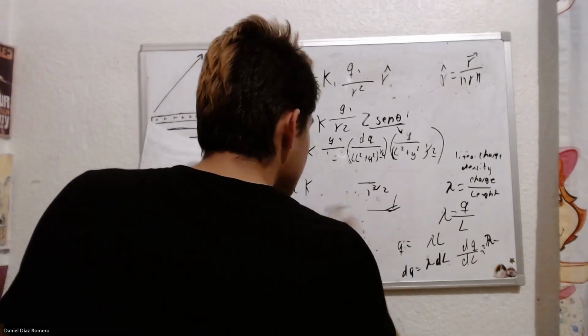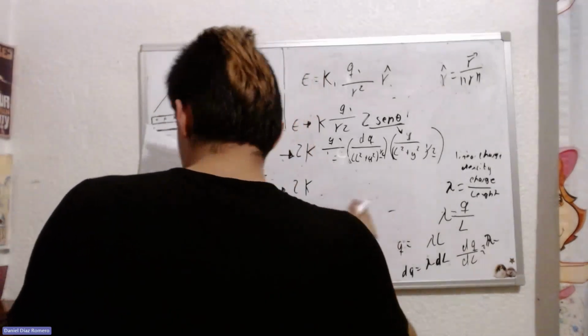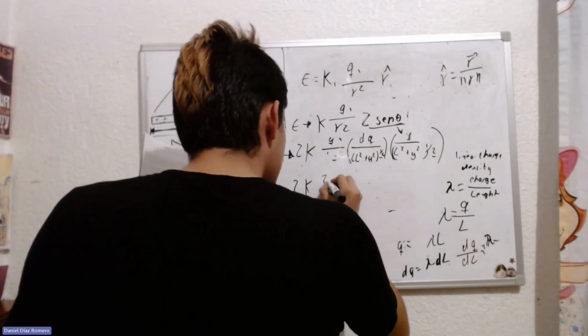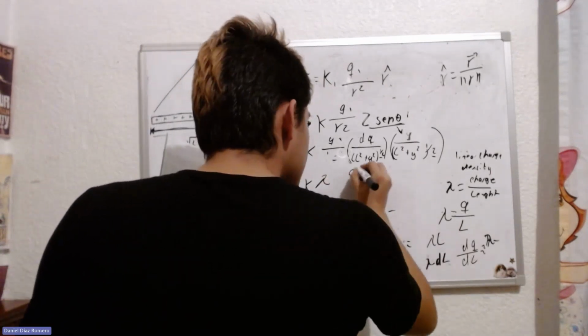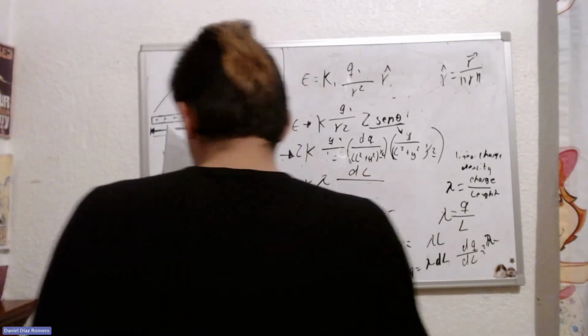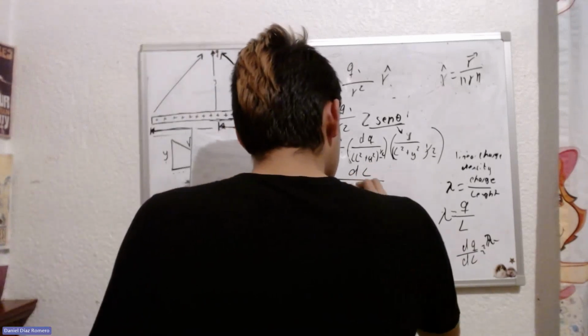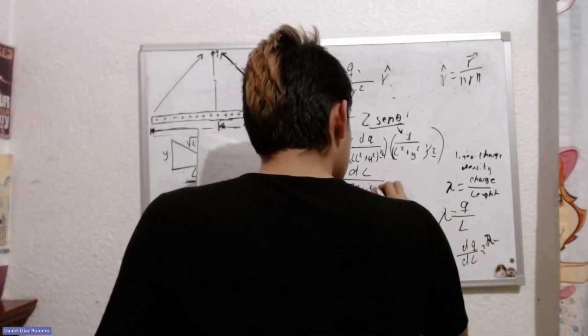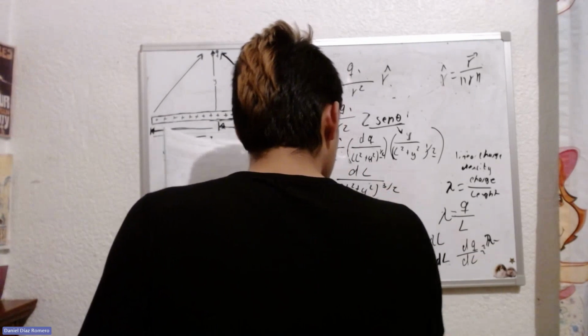Lambda is a constant, so we have to put it right here. And the L is not, so it goes alongside of the integral function, L squared plus y squared to 1.5.